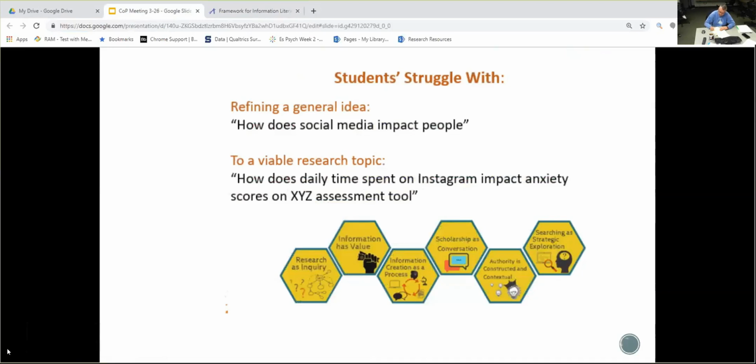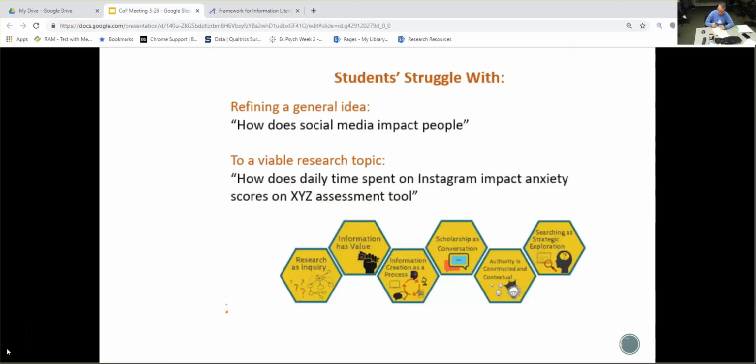And we do a research project in 6 weeks, so you need to make sure this is structured. After multiple times, I let them submit an idea and then we talk about it and I say you need to get that more and more compact. Finally, we got it down to how does daily time spent on Instagram, a specific application, impact anxiety scores, and I made them go find an anxiety assessment tool.